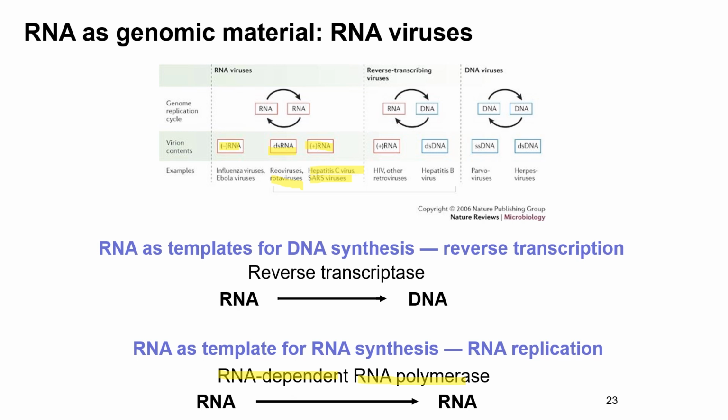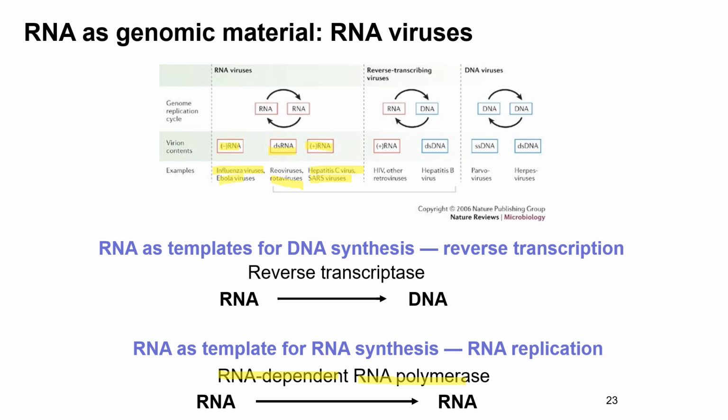And because the host cells do not need this, as there's no need to convert mRNA into another form of RNA, these polymerases are viral encoded and are usually a good target for drug development to make specific antivirals. Examples of negative sense RNA viruses are influenza virus, the flu virus, and also the Ebola viruses.